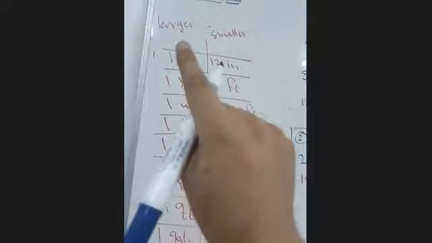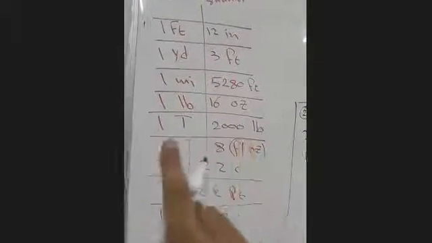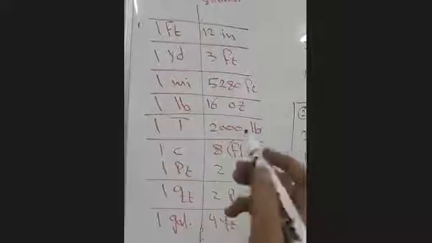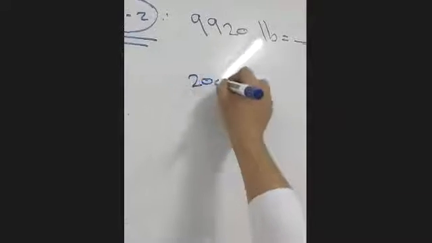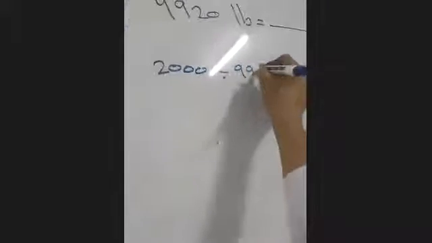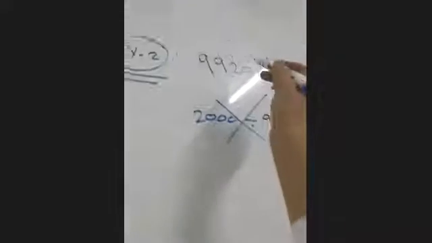Yesterday we did larger to smaller and we multiplied, but from smaller to larger we what, guys? Divide. Divide on what? Divide the number in the question by the number here, not 2,000 divided by 9,920. Do not write like this. This is wrong. We divide this number by the number in the formula, which is 2,000.